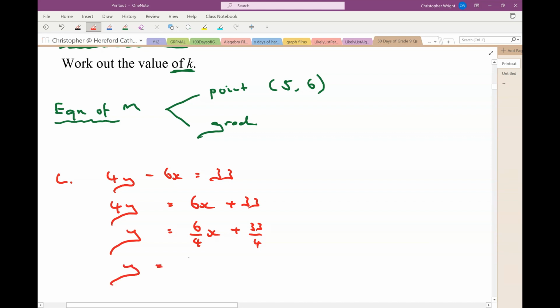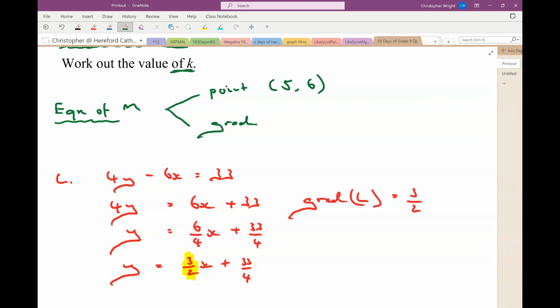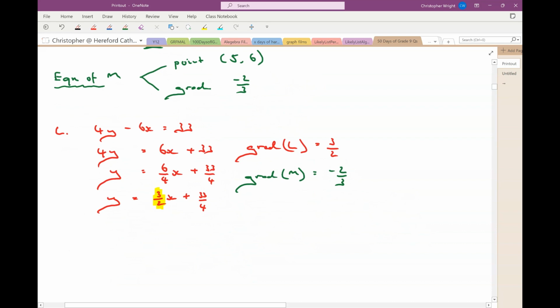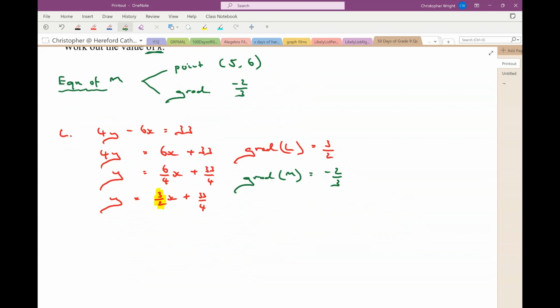So the gradient of L is 3 over 2. So the gradient of M, if M is perpendicular to L, will be the negative reciprocal, minus 2/3. So I do know the gradient of M, and I do know a point on the line M. So now I can work out the equation of M.